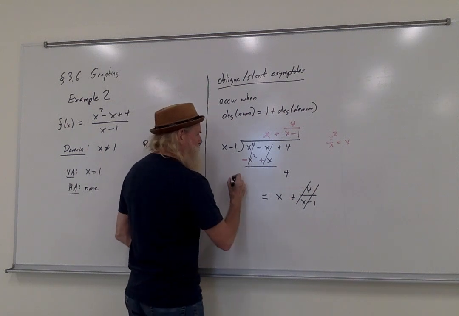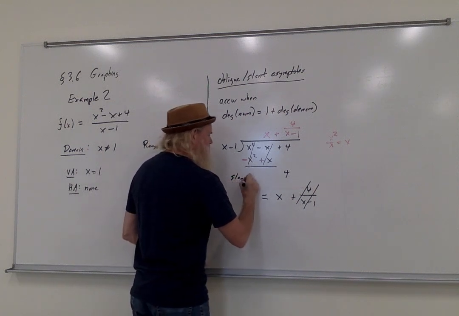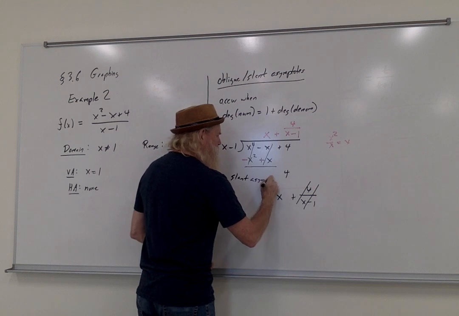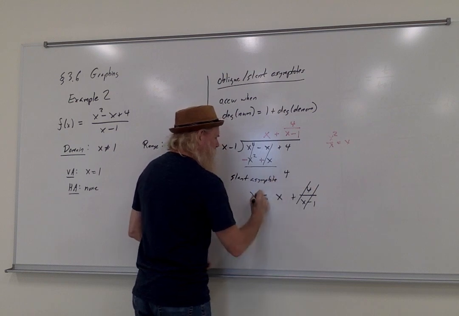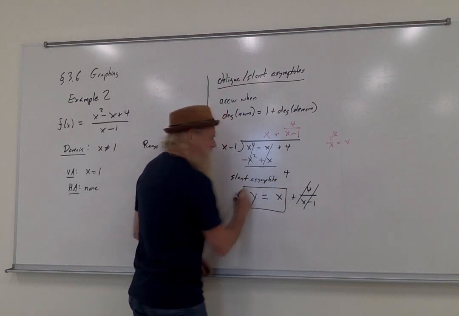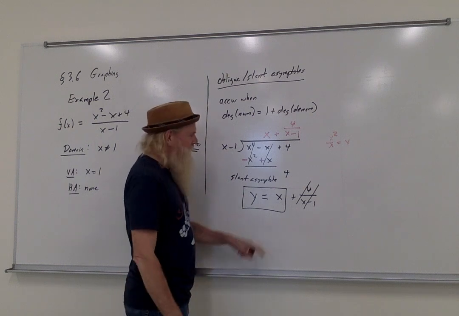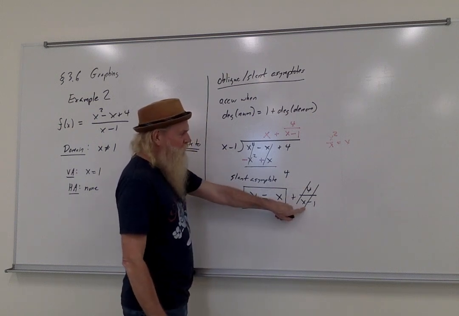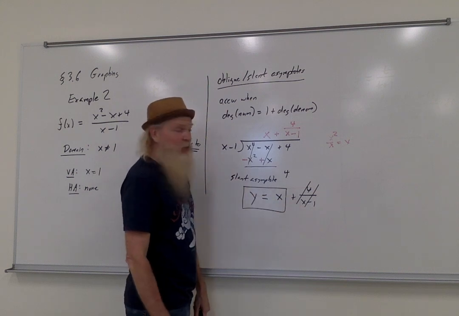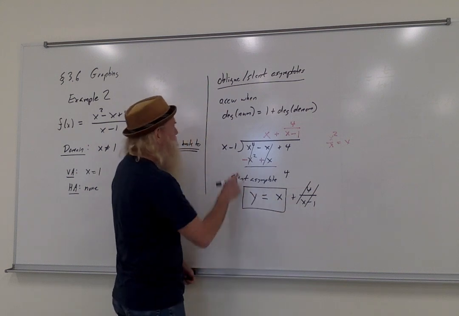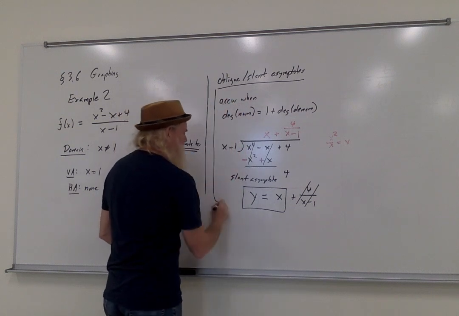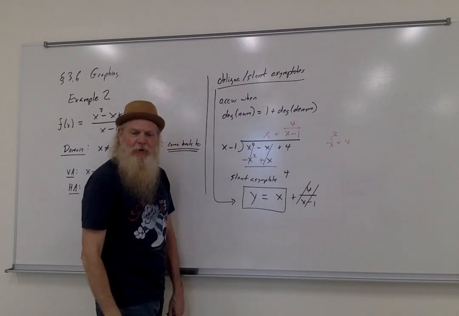So for the slant asymptote, that's going to be y equals x. I'll talk about what it means to discard this 4 over x minus 1 once we draw a possible graph for the function. So this is the equation for the slant asymptote.